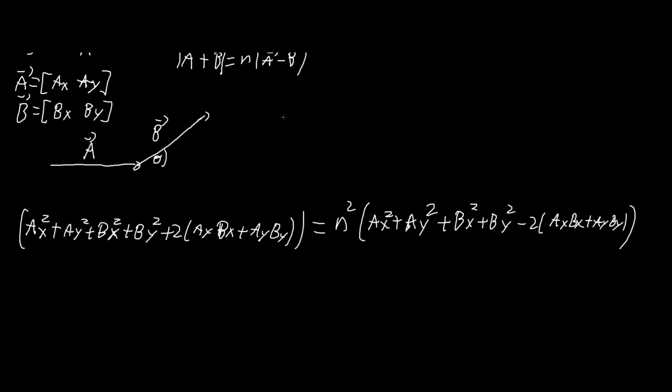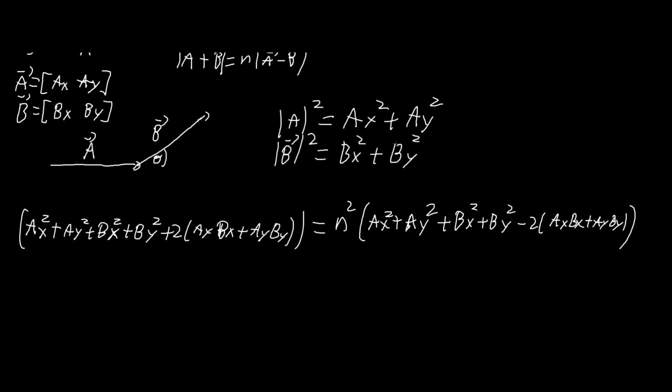If you're perceptive, if you stare at this, notice that the magnitude of A squared is going to be AX squared plus AY squared. And the magnitude of B squared is going to be BX squared plus BY squared. And why am I writing it like that? Because if you're perceptive, already you can see the variables that we're going to be replacing here. We're going to be rewriting this whole thing.